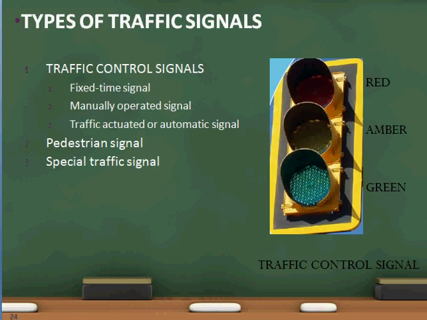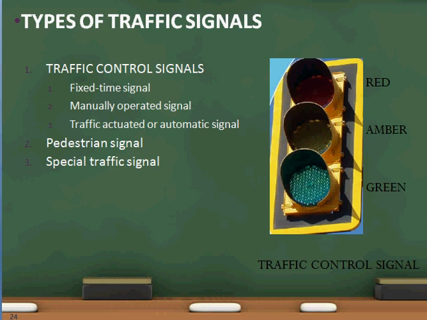Next is different types of traffic signals. There are mainly three types of traffic signals: traffic control signals, pedestrian signals, and special traffic signals. Traffic control signals are used for controlling vehicular traffic. Pedestrian signals are used for controlling pedestrian movement alone, that is, whether the pedestrian can cross or not. They will be provided along with traffic control signals.